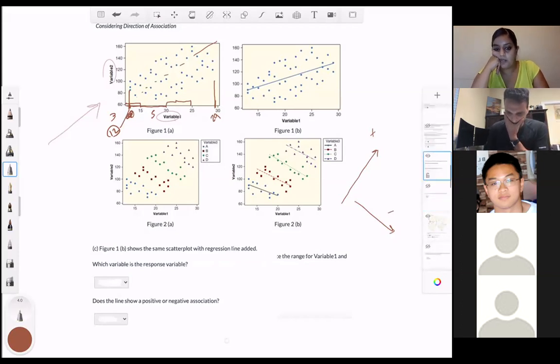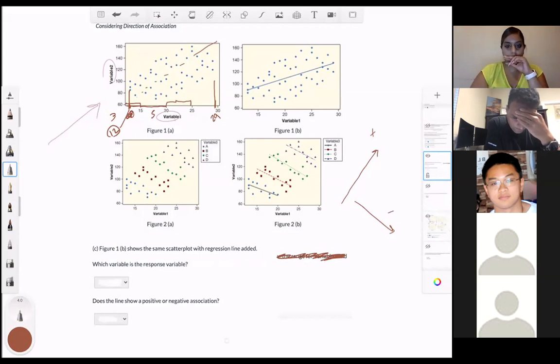What about this one? Figure 1B. I am not too sure what the answer would be.